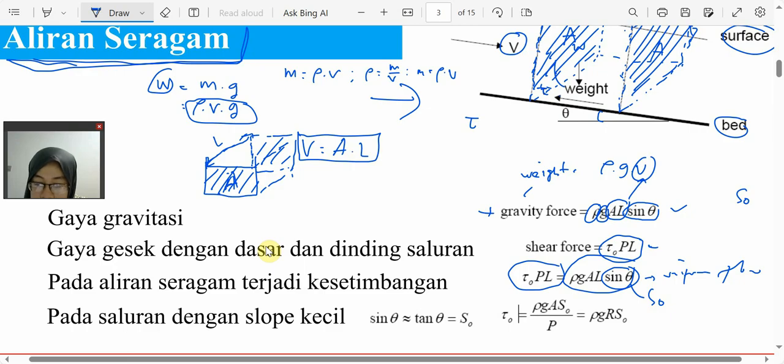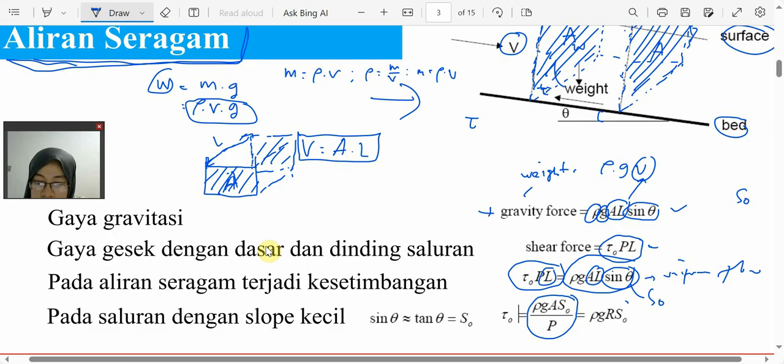Rho g A times sin theta over P. We eliminate the L, because it is L over L, so we get these equations.